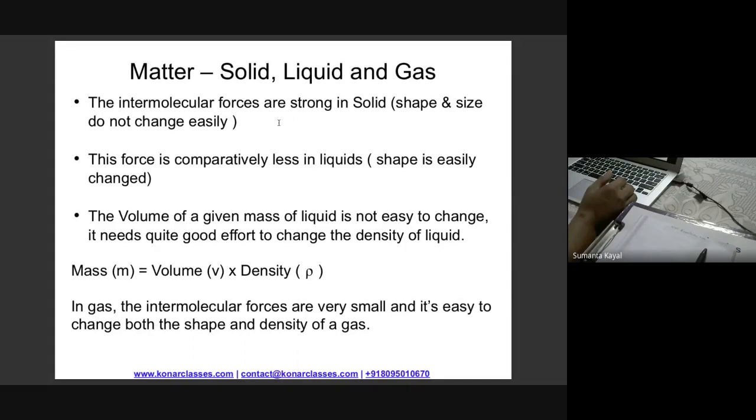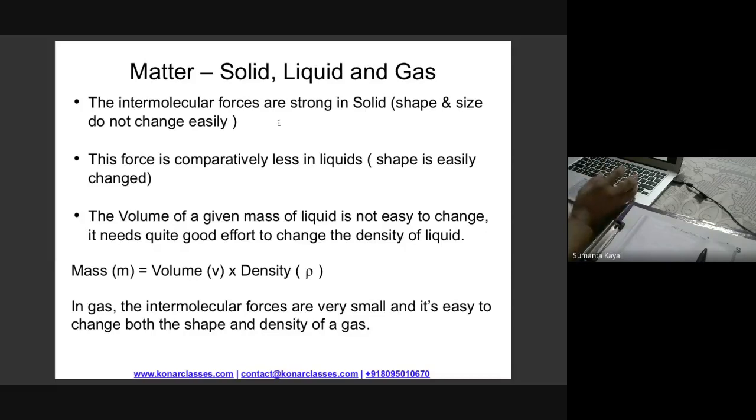Apart from that, there are a few more states, plasma and others. In some books you will find semi-solid, semi-liquid, those things. We are not going into that granular difference, whether it is solid or liquid or gas or semi-gas or something like that. Broadly, we understand what is solid, we see what is liquid, and we know what is gas, even though we cannot see it.